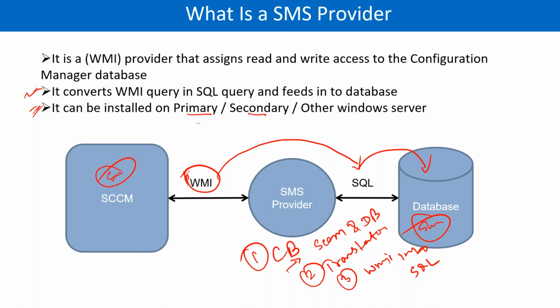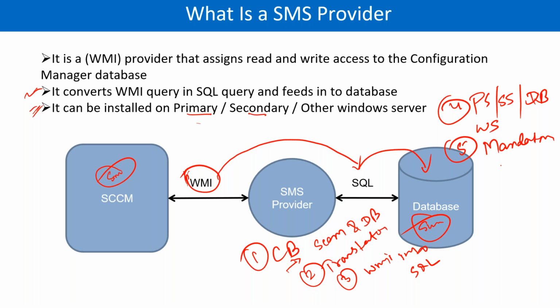Okay, and you can install this, point number 4, on the primary site, secondary site, the database server, or any other Windows server. Point number 5 is it is a mandatory role. Without this, you cannot install SCCM. It's a mandatory role. Okay, clear?